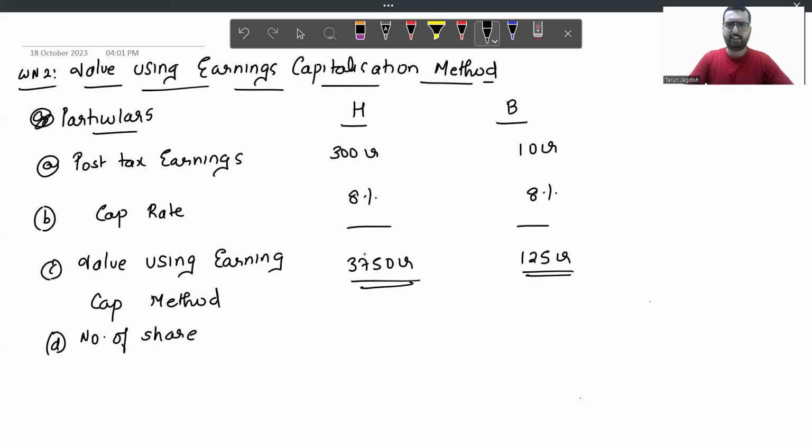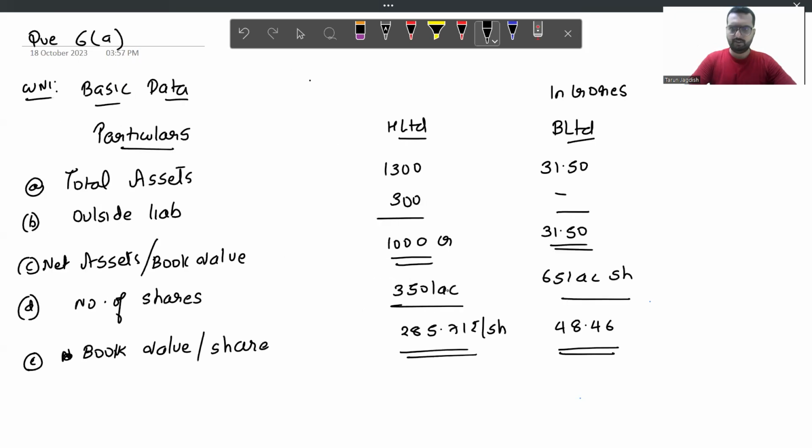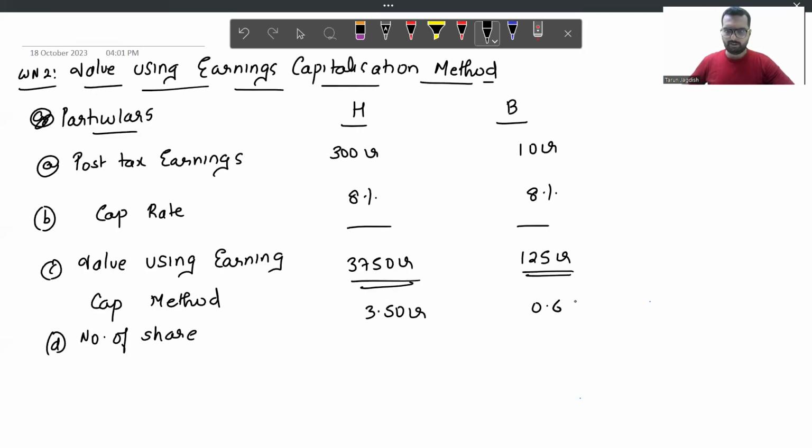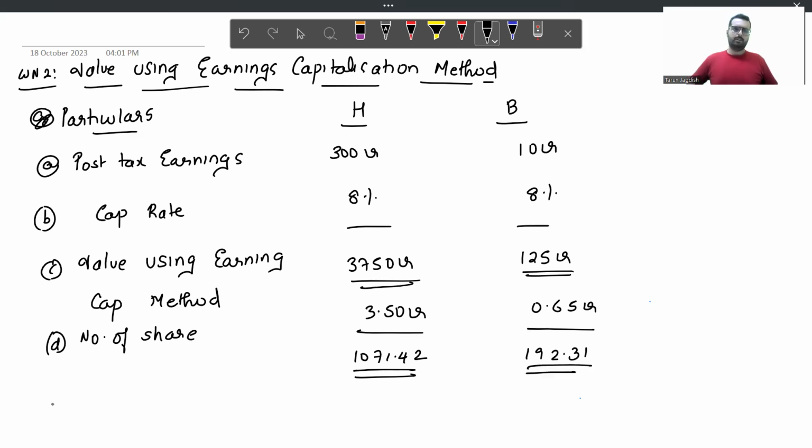So how many shares are there over here? You have 3.50 crore shares and the other one is 0.65 crore. 1071.42, 192.31.